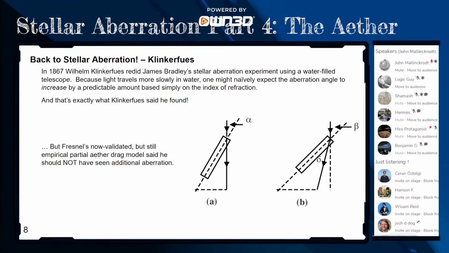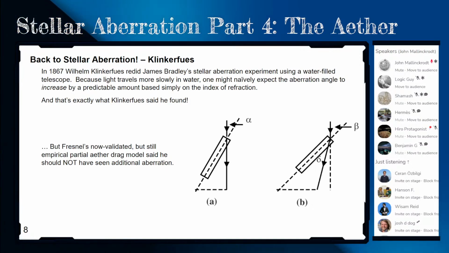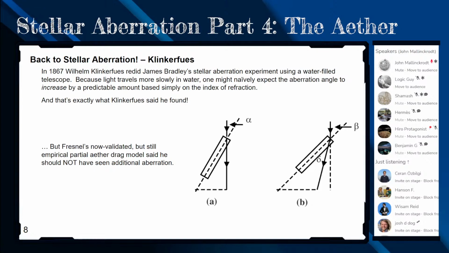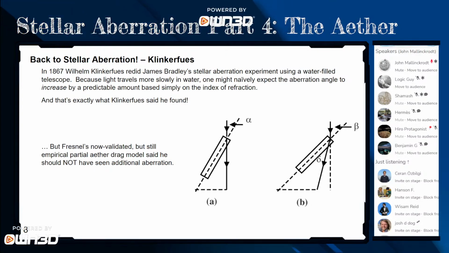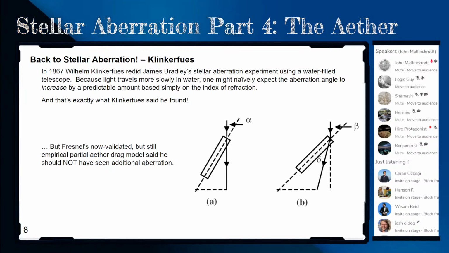So you might say, oh, well, cool. Except Fresnel's now validated but still empirical partial ether drag model says he should not have seen that additional aberration. Remember that it was based on why Arago did not see any extra deviation due to the prism, due to motion of the ether or anything else.